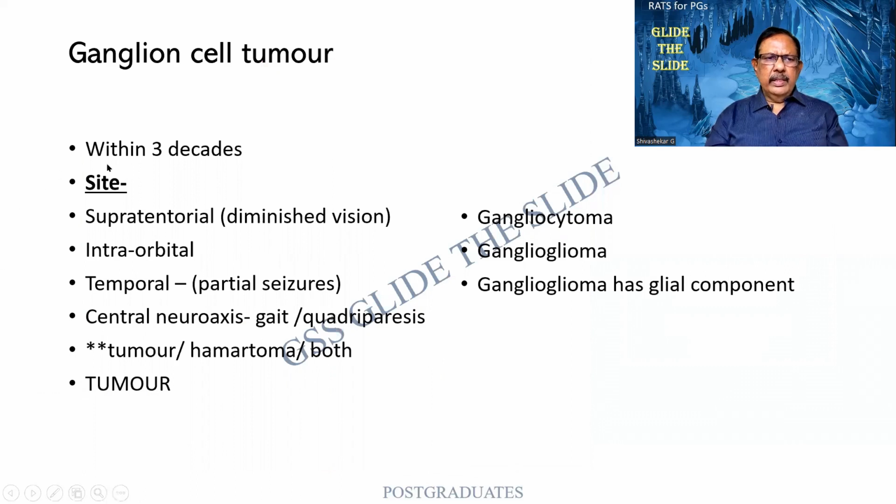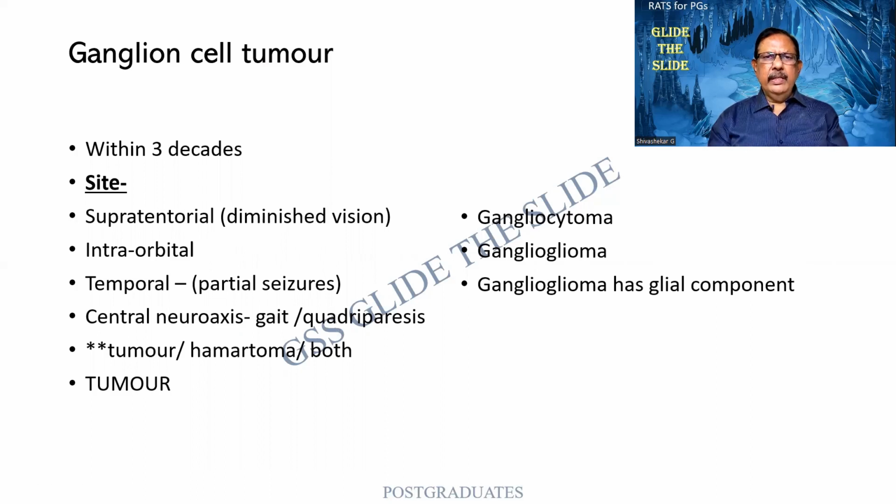It occurs within the first 3 decades of life, though it can occur in adulthood also. The sites are commonly supratentorial, just above the optic chiasma. That is why the patient can have a diminished vision. It can extend along the nerves into the intraorbital cavity.